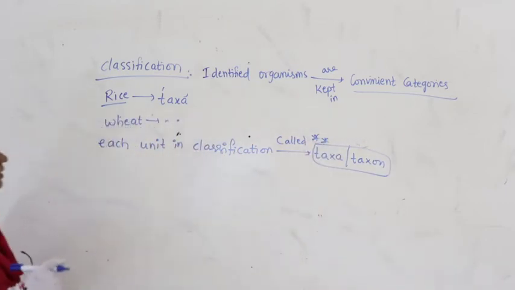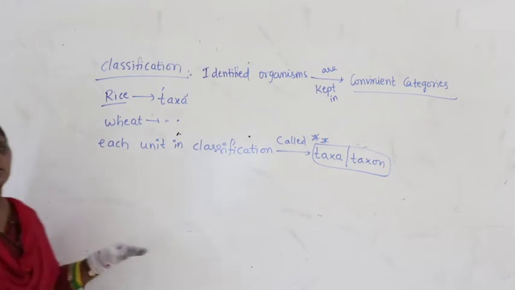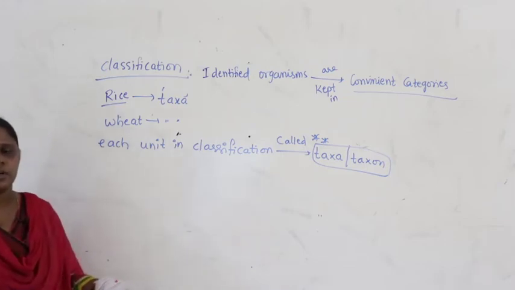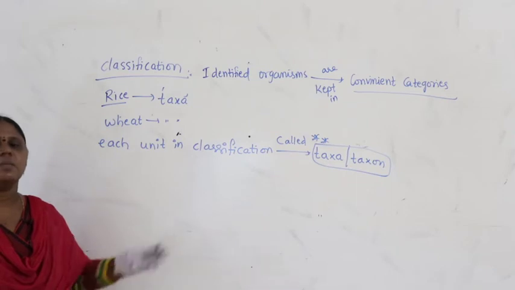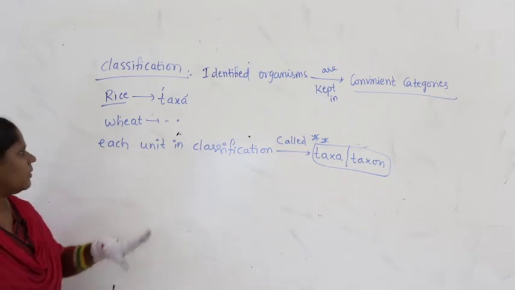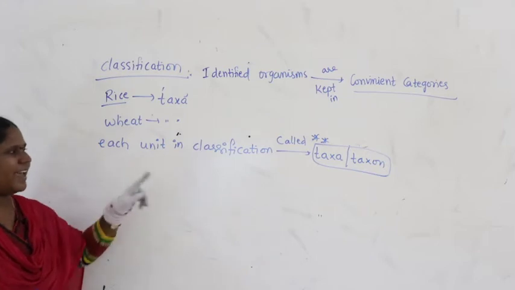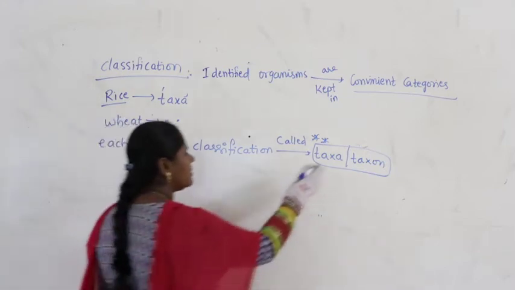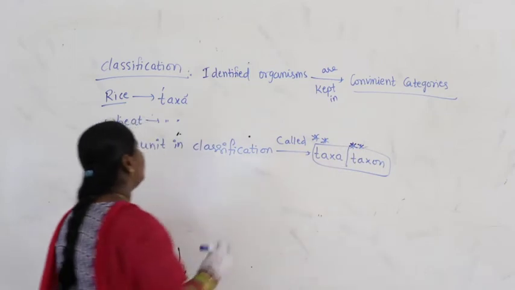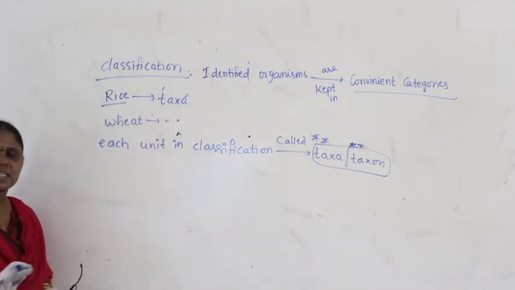Each basic unit, when you keep the organism in a particular family called Solanaceae, in a particular order, in a particular division, in a particular kingdom called plant kingdom, each unit is called taxon, or taxa. That means when I say rice plant, rice is a taxon.